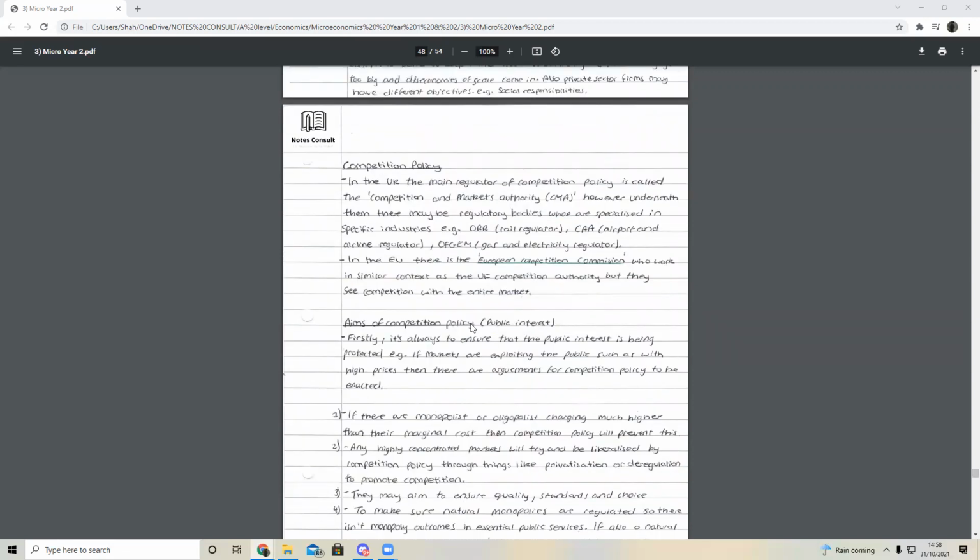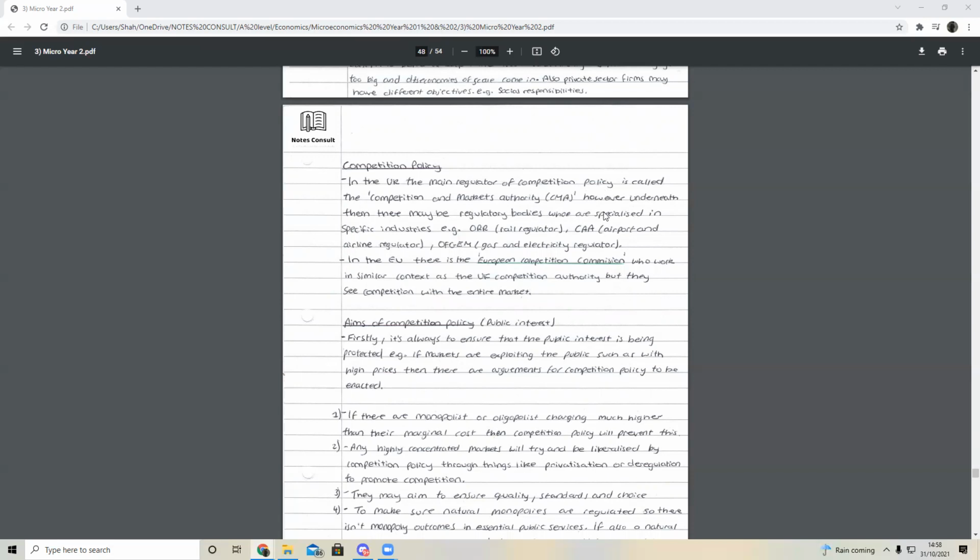You know what competition policy is? Is it like different rules and stuff for competition or something? Kind of. Competition policy is like the big regulators of firms. So the main regulator of competition policy is the Competition and Markets Authority, the CMA.